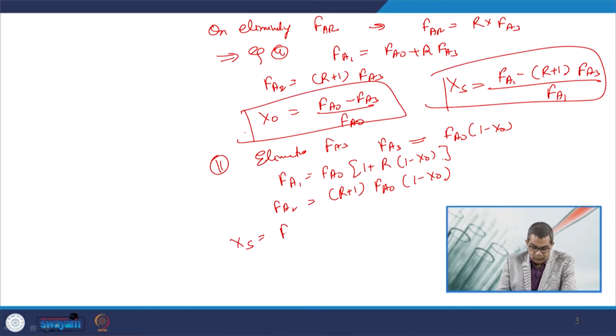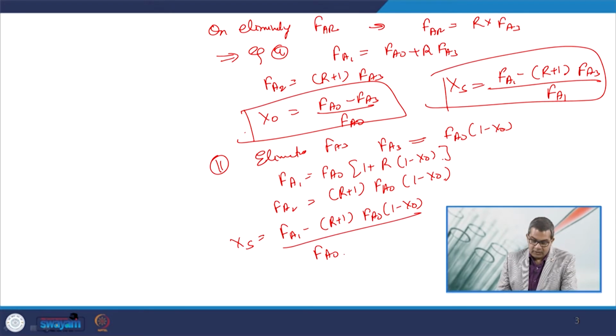And XS is (FA1 minus (R plus 1) FA naught (1 minus X naught)) upon FA1. So, this is again an important equation.